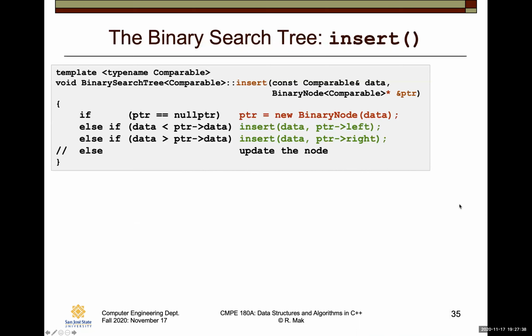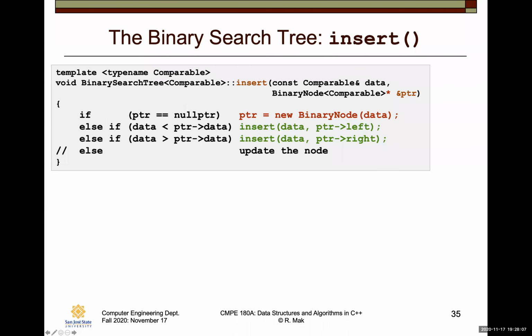So here is the example. If we encounter a null link, then we replace that link with a pointer to the new node. Otherwise, we continue searching to the left or to the right. And if we do encounter data that's equal to an existing node, then we update that node.